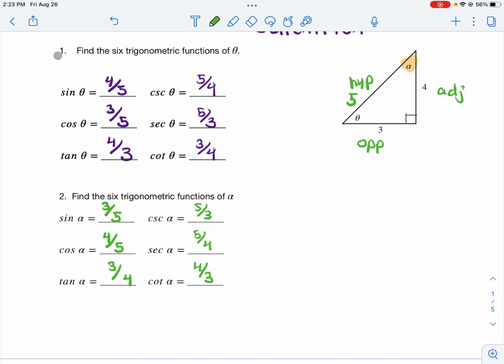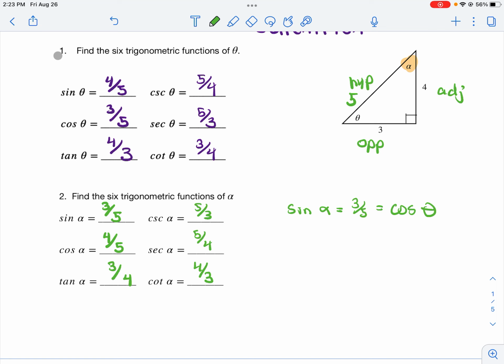Now, notice something cool that happens in these two with theta and alpha, the 2 acute angles of a right triangle. Notice that we have our sine of alpha, which is 3/5, is the same as our cosine of theta.